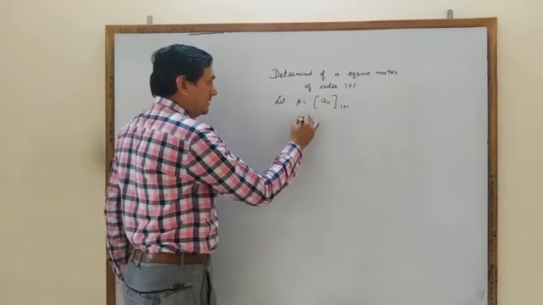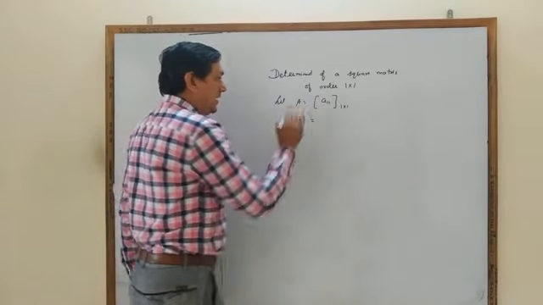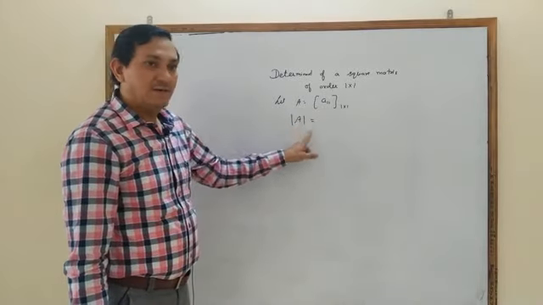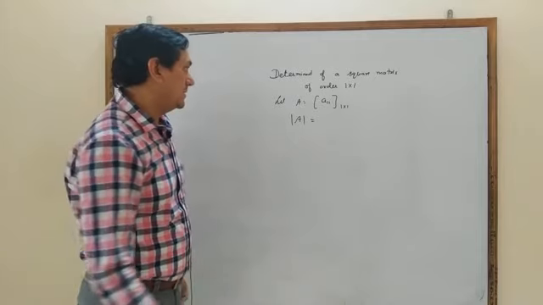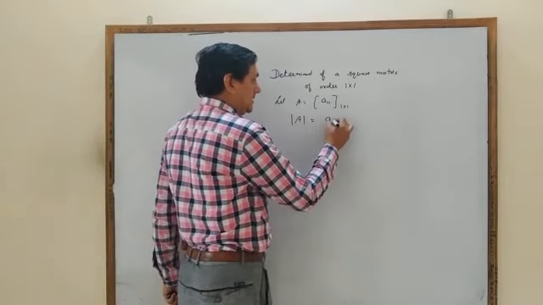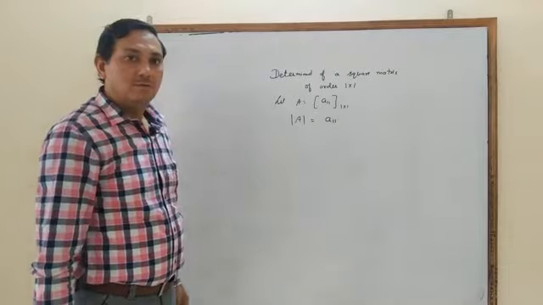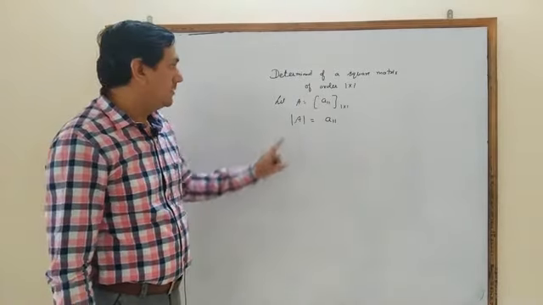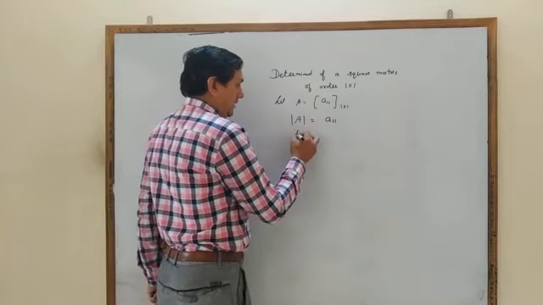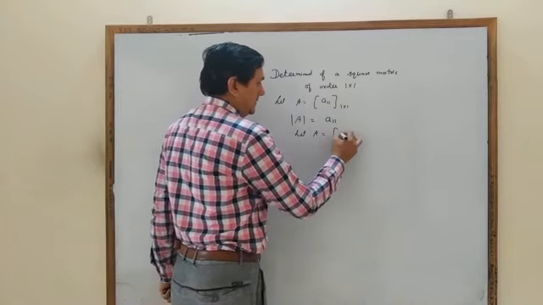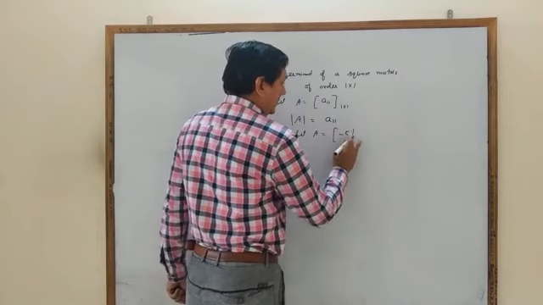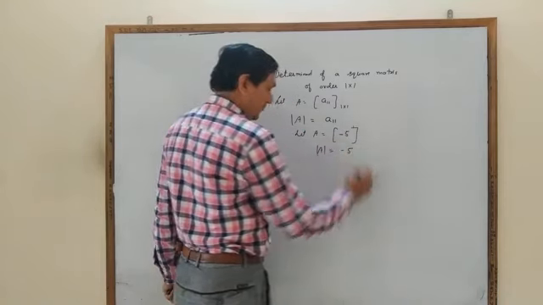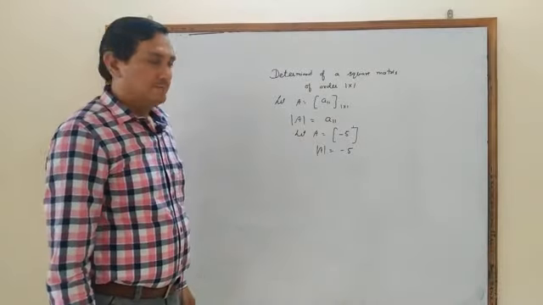Its determinant is represented by putting bar signs on the left and right side of the name of the matrix, and it is just the entry lying in the square matrix of order 1 by 1. For example, if a matrix A is minus 5, then its determinant is also minus 5. Understood?